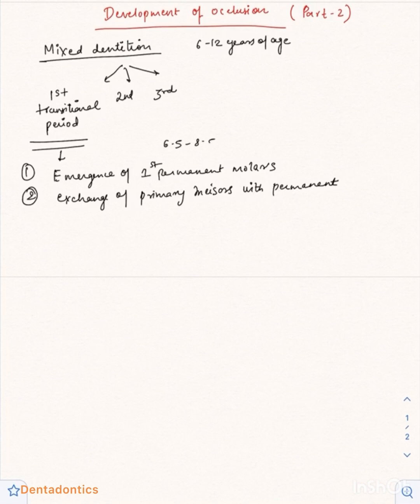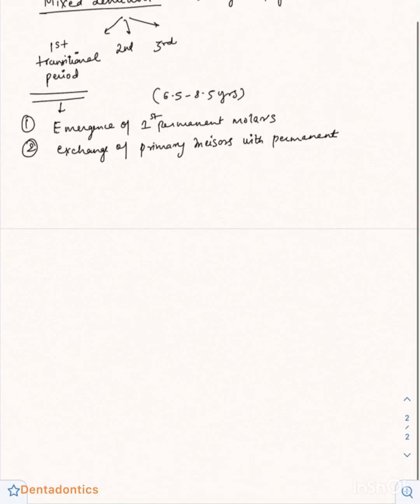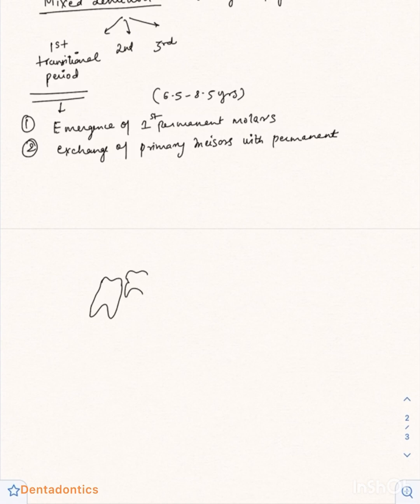So first permanent molar, when they erupt, if they erupt in flush terminal plane, they basically try to come into the class 1 molar relationship by using the primate and the leeway space.